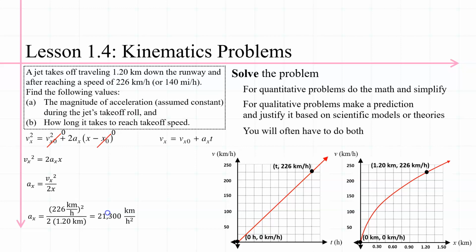So you may be wondering, why did I round off where I did so that I have a rounded off value in the hundreds place? It's because in the problem, my numbers that were given to me all had 3 digits that were measured, significant digits. So notice that 226 kilometers per hour has 3 measured digits that are not zeros. 1.20 has 3 measured digits as well. 1 and 2 in 1.2 are measured, and that extra 0 that's tagged onto the end didn't have to be placed there.